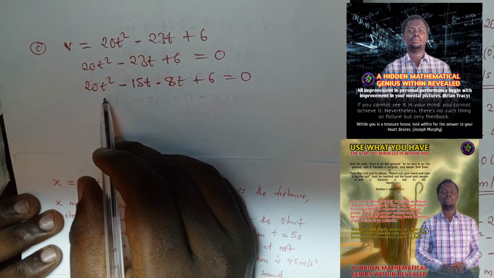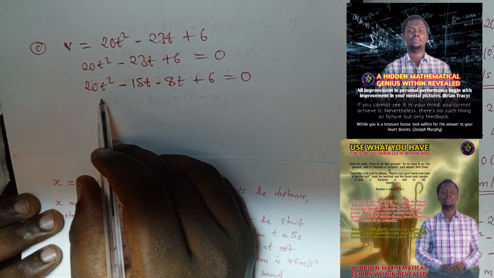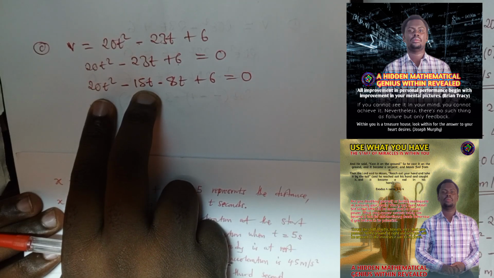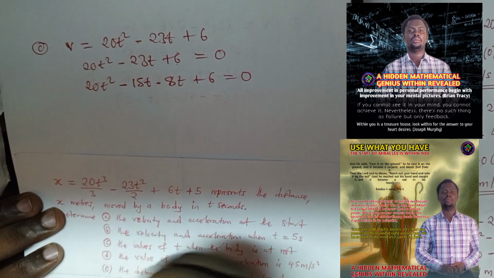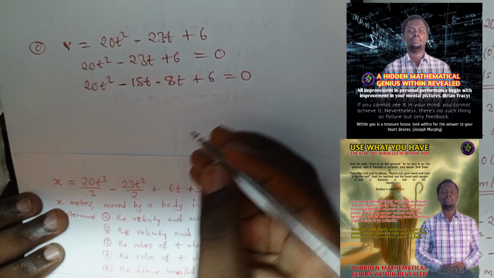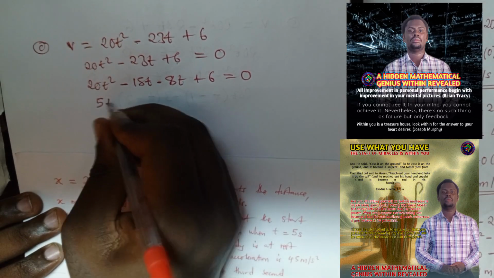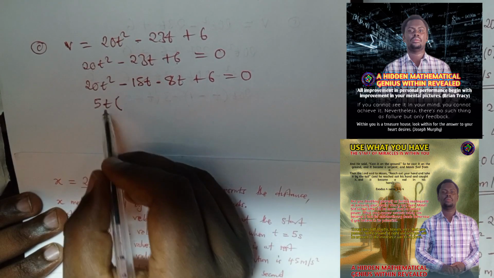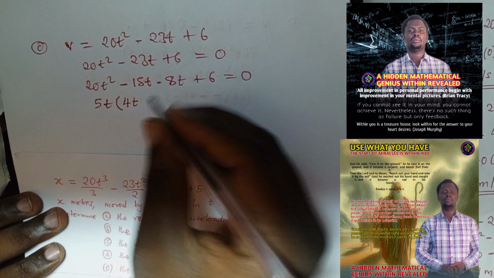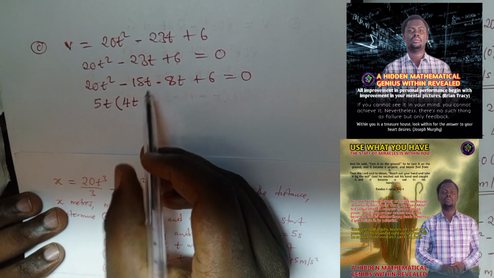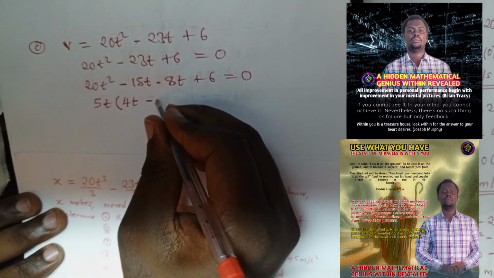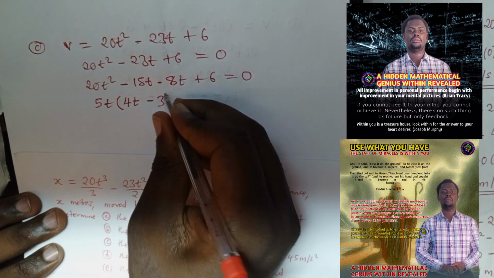Then we factorize by grouping terms. If you take these two, 20t squared and 15t, what is common? We can see that 5t is common, so we divide out 5t. 20t squared divided by 5t, you get 4t, minus 15t divided by 5t, you get 3, so that is minus 3.